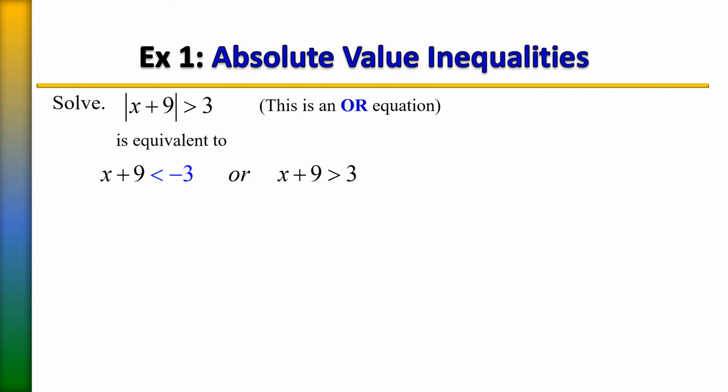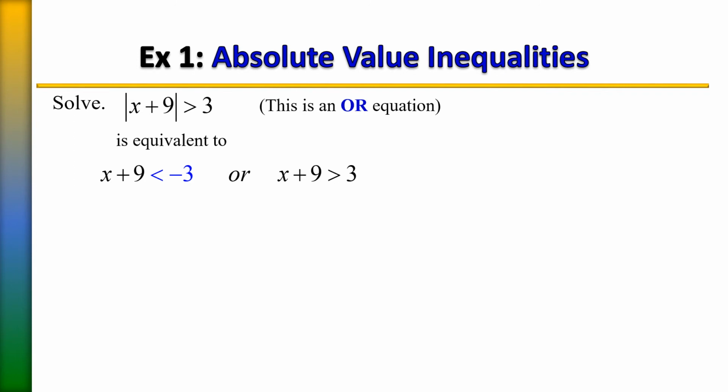Again, with the OR equations, one will be exactly like the original equation minus the bars. The other one, you have to remember, change the symbol and change the sign. After you do that, it is just a matter of simply solving for x. So let's start with this first one. To solve for x, all I need to do is to subtract 9.